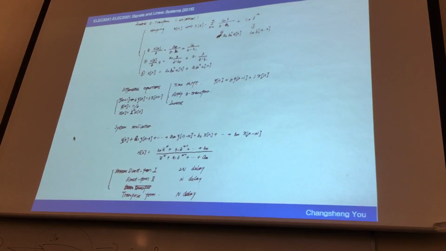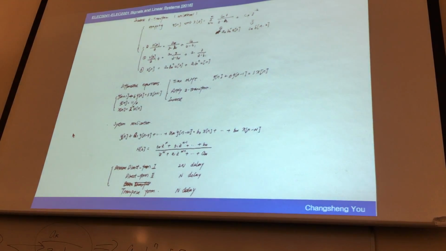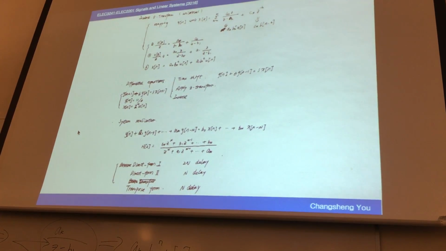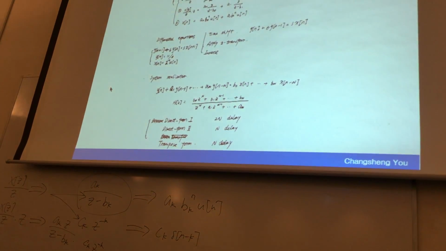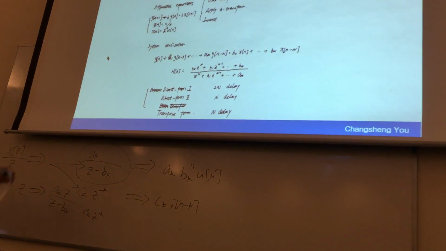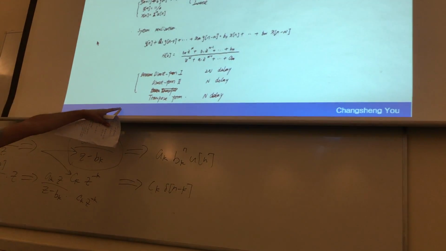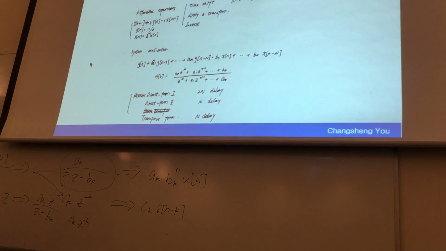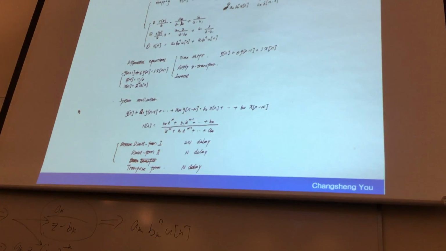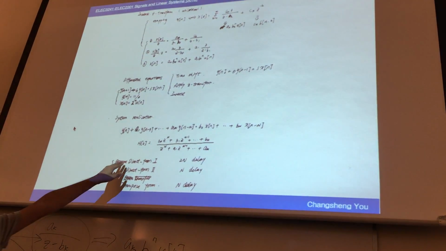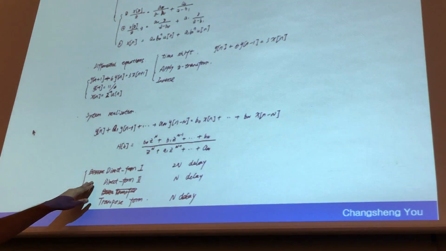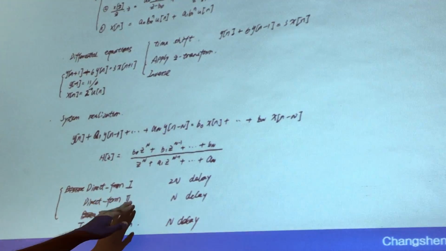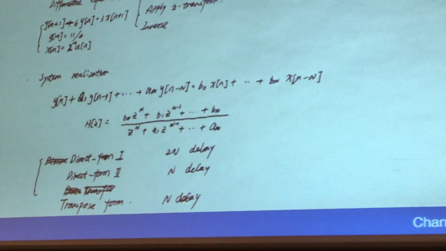So you calculate the output by the Z transform, and then you use the inverse Z transform to calculate the output. And last one is similar to the Laplace transform. We need to know how to represent the system, how to realize the system. So you can always represent it by these forms. And then you need to know how to realize the direct form 1, direct form 2, and transpose form.